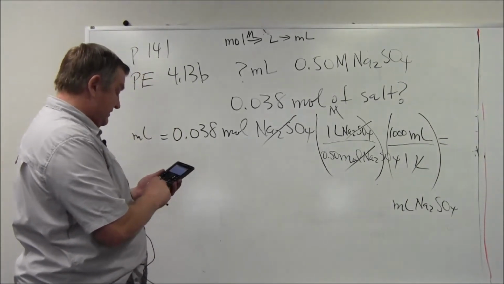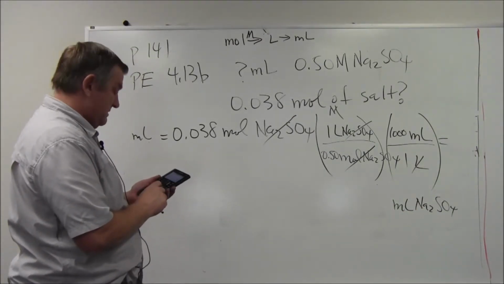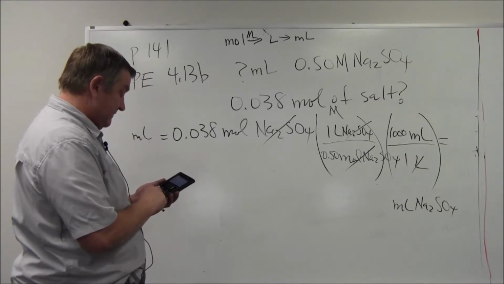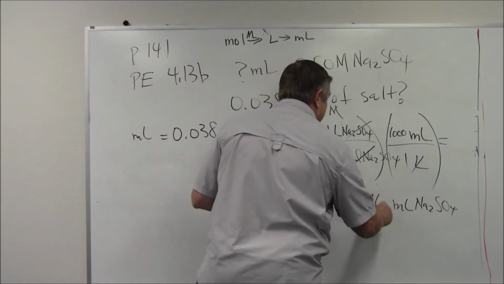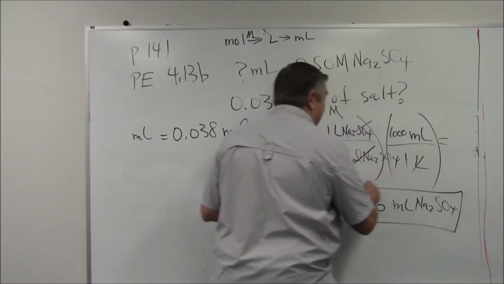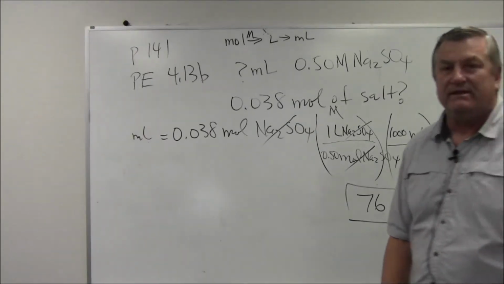And I go 0.038 divided by 0.5 times 1,000. I went 2 sig figs, 76 milliliters. And so let's see if we match the book's answer. And sure enough, 76 milliliters.